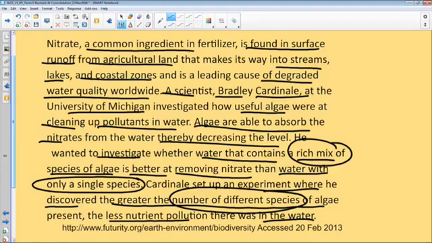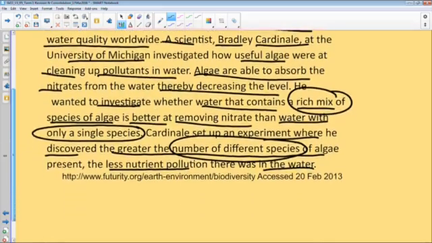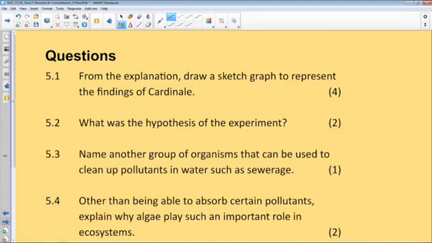So it's quite a lengthy paragraph to read through, but I think it's important that you read through, underline, circle keywords in it. So guys, I'm going to read through these questions. We might not have time to work through all of them, but I think you guys can engage with as many as we can. From the explanation, draw a sketch graph to represent the findings of Cardinale.